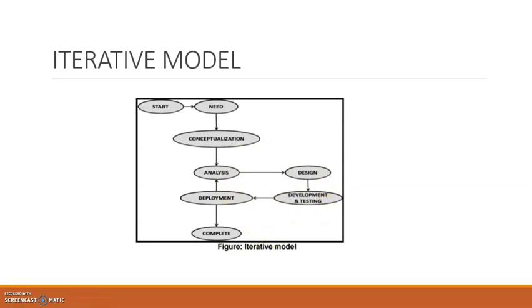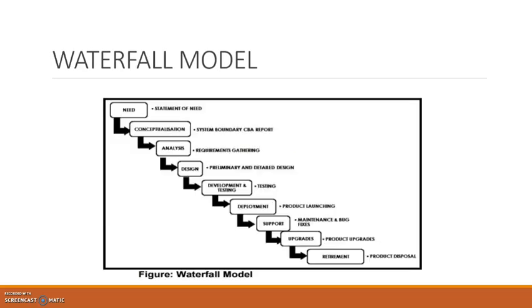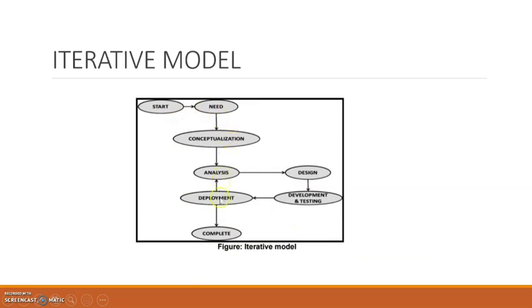The steps or stages are the same, but there is an iterative process happening here. The iterative model is actually a modified version of the waterfall model. This is the waterfall model: there is no iteration, just a linear, unidirectional process where design steps are placed. But here, you can see that the steps are placed, but there is an iterative or cyclic process happening within the model.